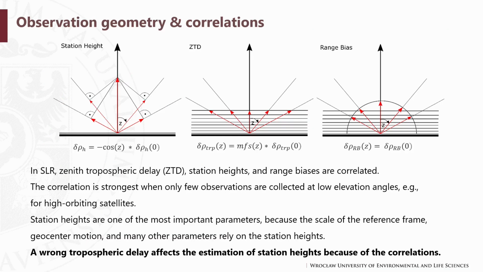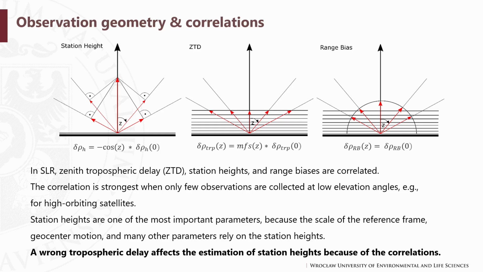What about other parameters? Because from SLR we want to recover not only the quality of the orbit and validate the quality of LEO orbits, we want to estimate also some parameters, especially the station coordinates, and especially station heights are correlated with zenith delays and biases in zenith total delays, so in the troposphere modeling, and also with range biases.